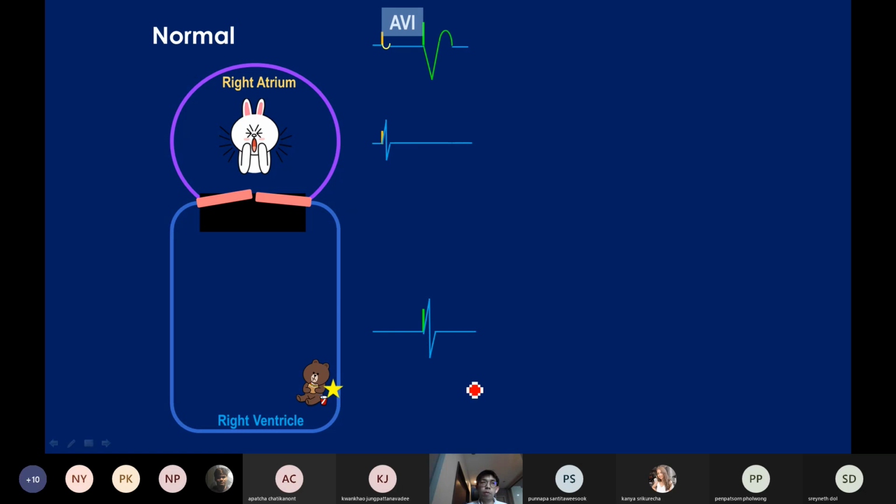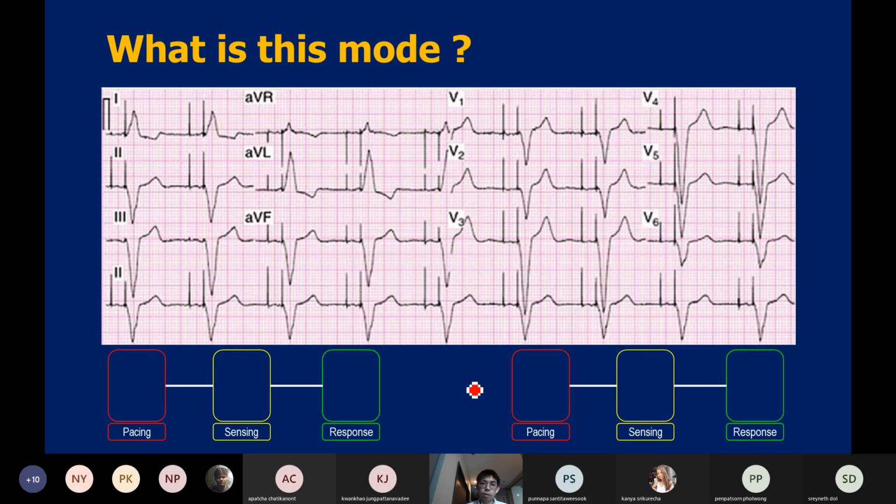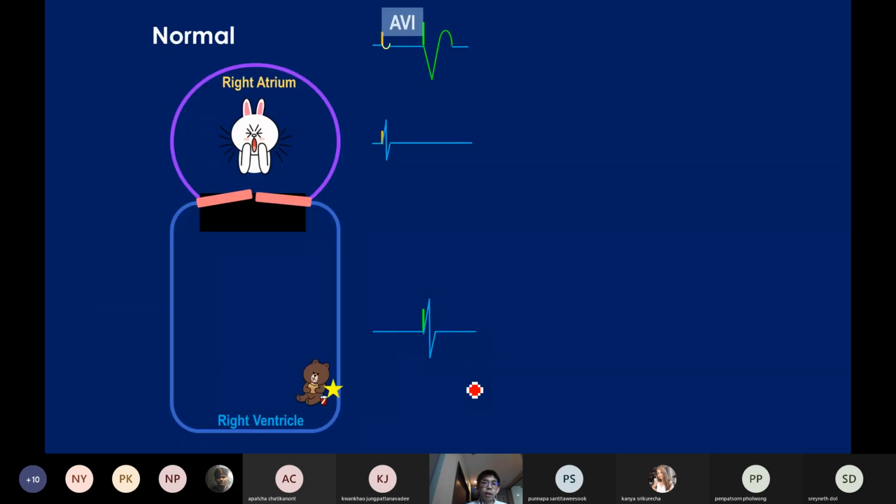After passing the AV node into the ventricle, there is a spike in the ventricle because the RV lead generates the impulse by tracking the AV interval. Any question regarding this?